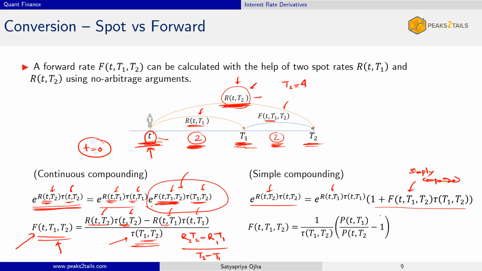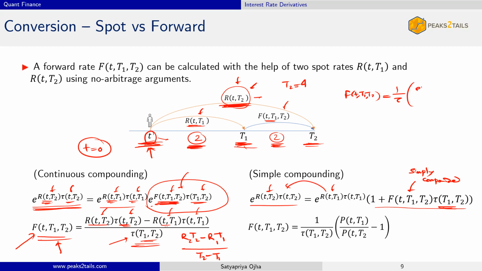And if you simplify, you get, okay. So there is one step involved. Let me quickly do that. So we get F t T1 T2 is equal to, this guy will come down, 1 by tau. This will go to the other side.